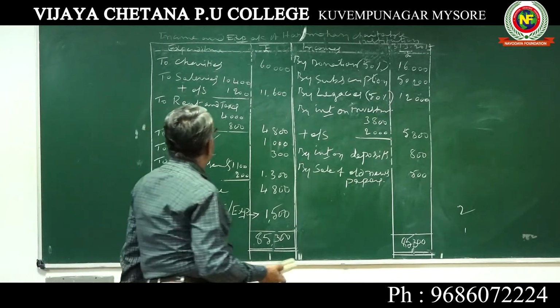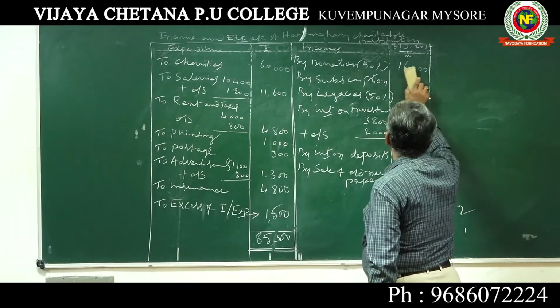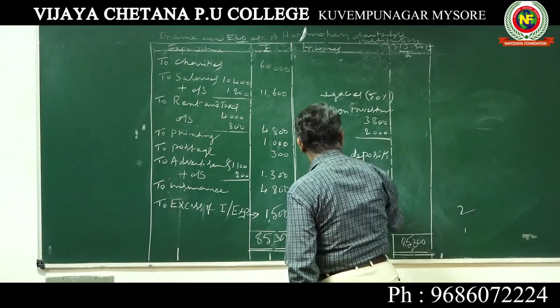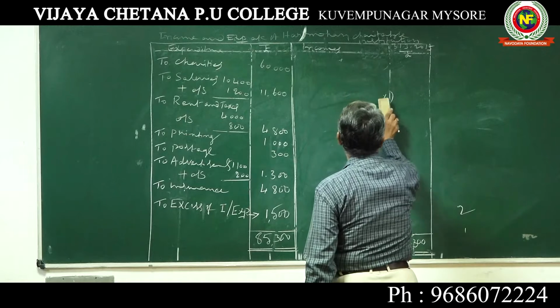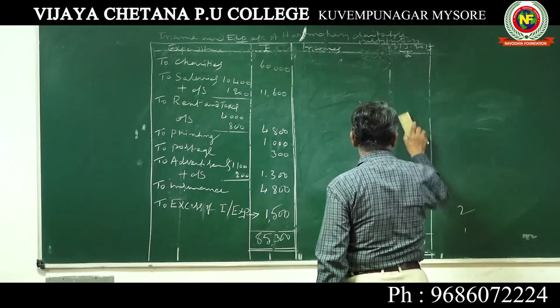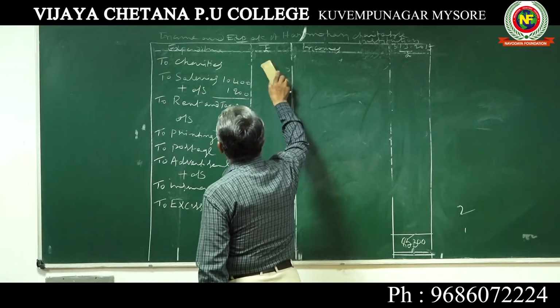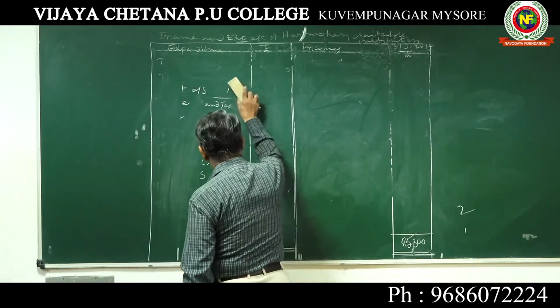So I am going to rule this problem. You rule for an income and expenditure account for problem number 3, exercise number 3, numerical problem number 3. The same format here.